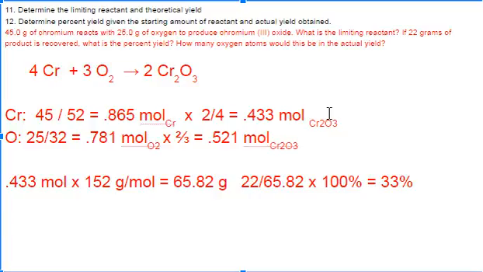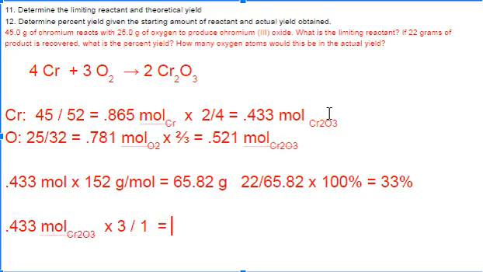And the last question, how many oxygen atoms would be in the actual yield? Since the actual yield is 0.433 moles of my Cr2O3, I have to triple that because there are 3 oxygen atoms in every mole of the product.